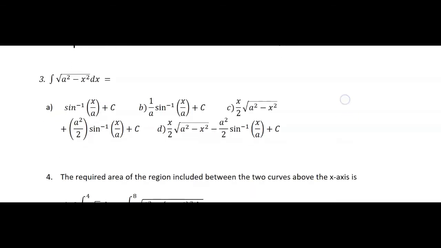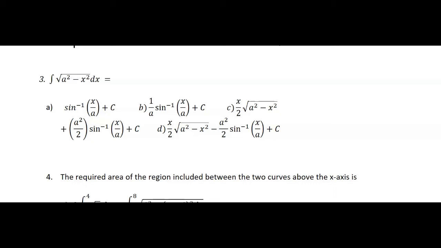Now look into the third question. Integration of root of a squared minus x squared dx is equal to: A, a sine inverse of x by a plus c; B, 1 by a sine inverse of x by a plus c; C, x by 2 root of a squared minus x squared plus a squared by 2 sine inverse of x by a plus c; and D, x by 2 root of a squared minus x squared minus a squared by 2 sine inverse of x by a plus c.